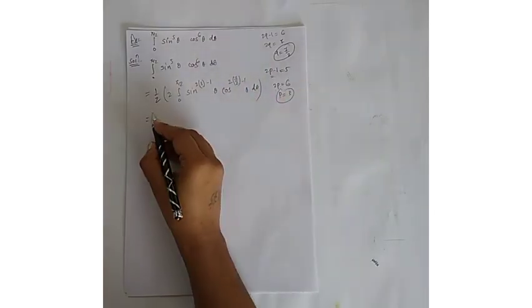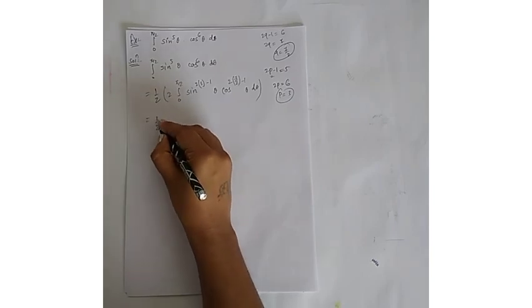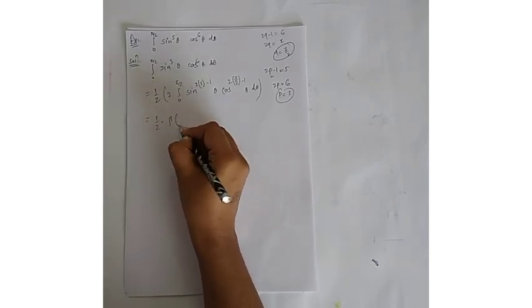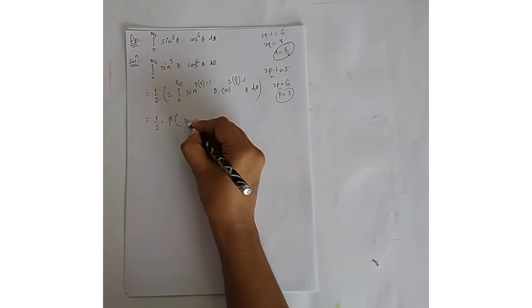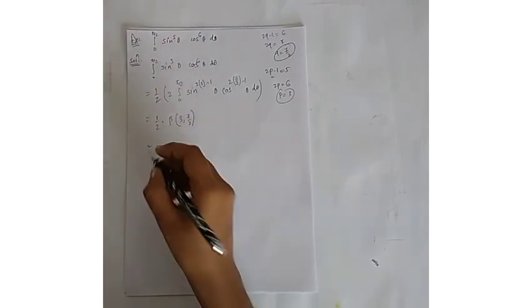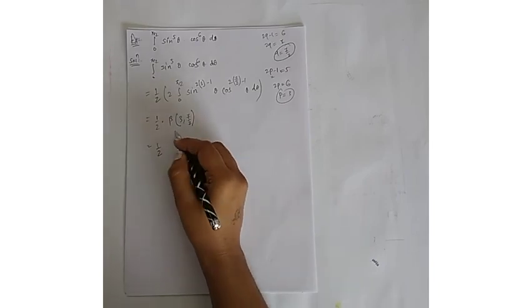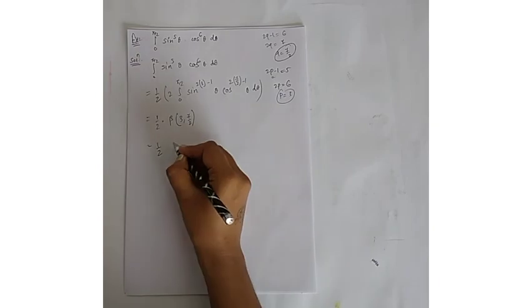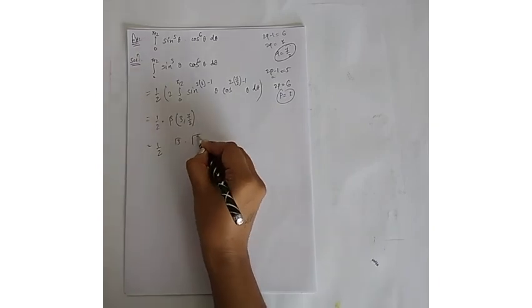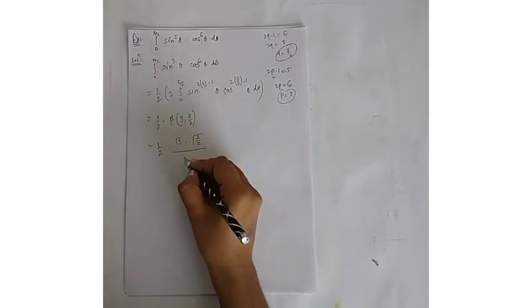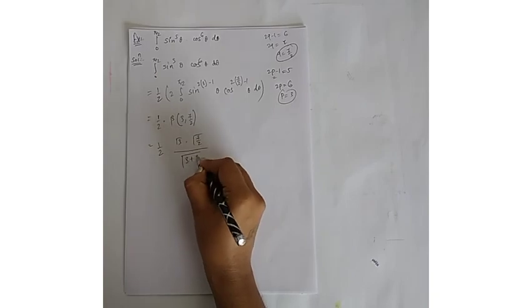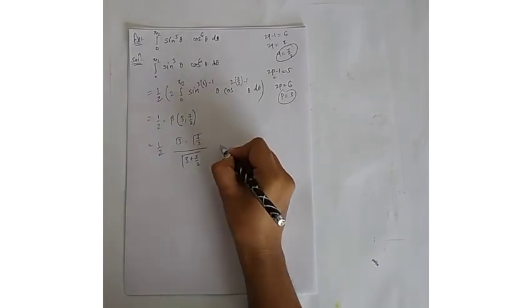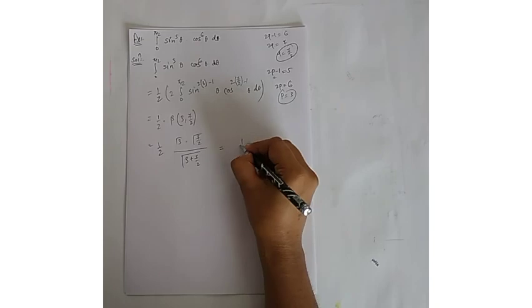So it is 1 by 2 into beta p q. Put the value of p as 3 and q as 7 by 2. Using the relation between beta and gamma function, this is equal to 1 by 2 into gamma 3 into gamma 7 by 2 upon gamma of 3 plus 7 by 2.